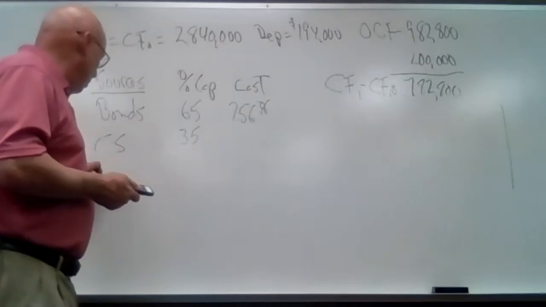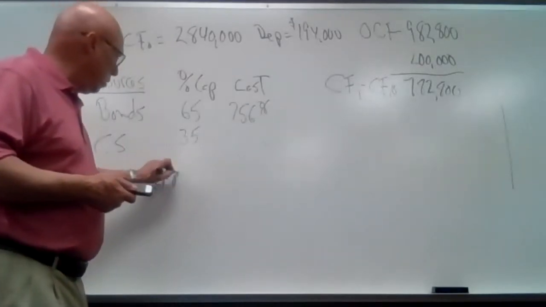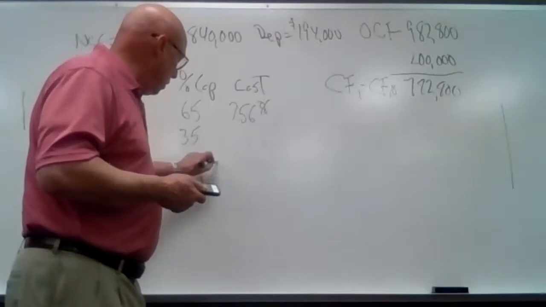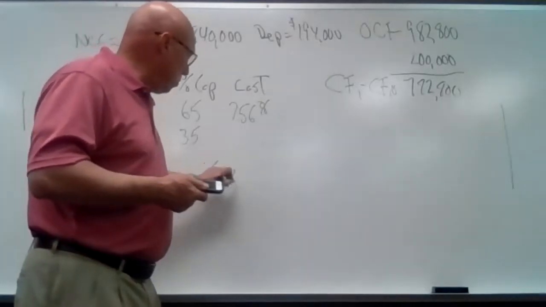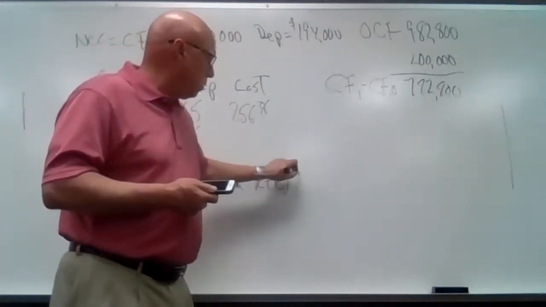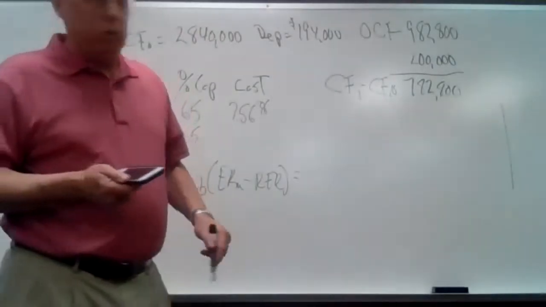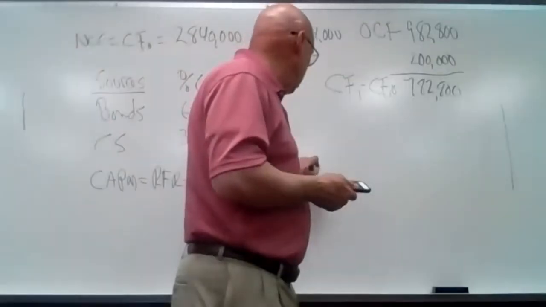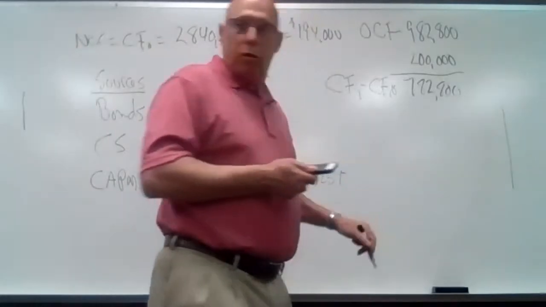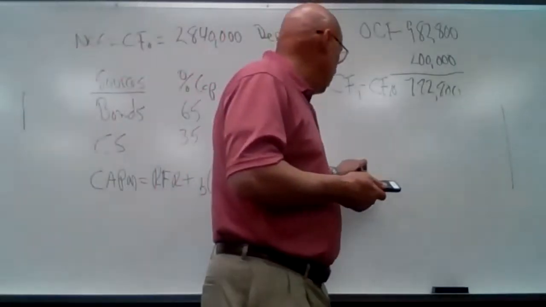So CAPM is equal to the risk-free rate plus beta times the expected return of the market minus the risk-free rate. And the risk-free rate is 2.5%. The beta is 1.3.